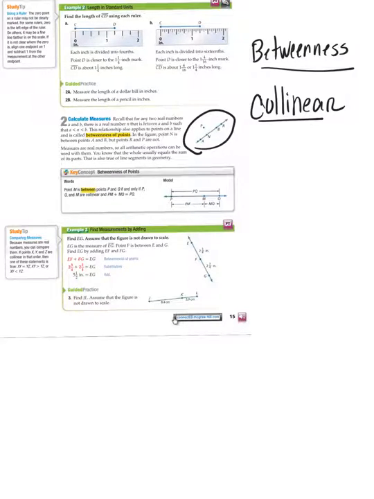Now once you have observed collinearity, then there's a little formula that's very easy to remember, and we'll use this as our model. From one end point to the point that you're trying to show is between, plus that point again to the other end point, has to equal the full measure from end point to end point.